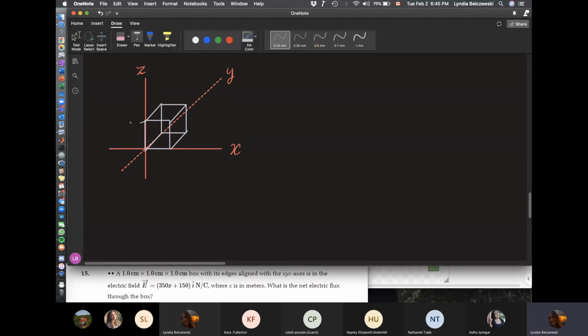So this would be at Z equals 1. This intersection here would be at Y equals 1, and this is at X equals 1. And so we have an electric field then, which has components of (350x) plus 150 I hat newtons per coulomb.